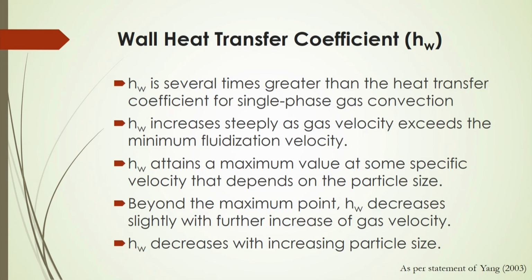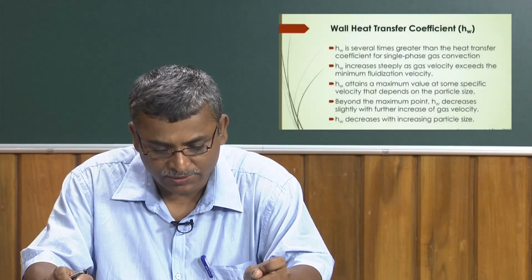This wall heat transfer coefficient, of course, will change because of different operating conditions, and it is seen that the wall heat transfer coefficient will be several times greater than the heat transfer coefficient for single phase gas convection. And this wall heat transfer coefficient increases very steeply as gas velocity exceeds the minimum fluidization velocity.